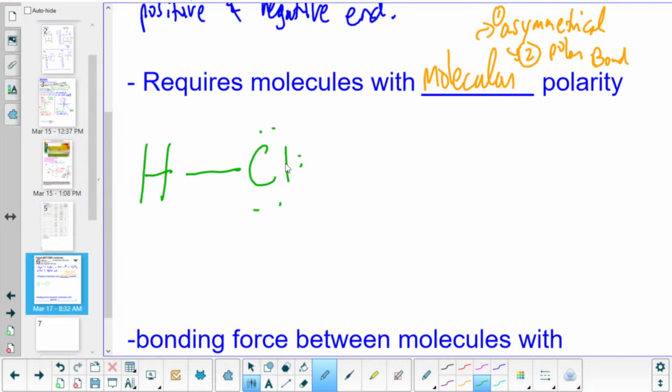It does. They have different electronegativities. Which one's more electronegative than the other? Chlorine is more electronegative. So we would say that chlorine is the slightly negative end, and hydrogen is the slightly positive end. Have I used this symbol before? Yeah. Okay. When differentiating negative from positive ends, does it just come down to electronegativity? Just electronegativity. And in terms of symmetry, I'm going to erase this. Well, no, it's asymmetrical. We can clearly divide it right through a center and have a positive and negative side.